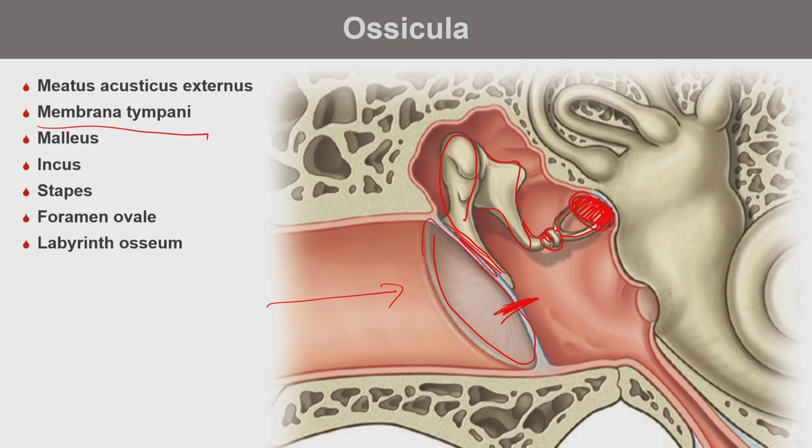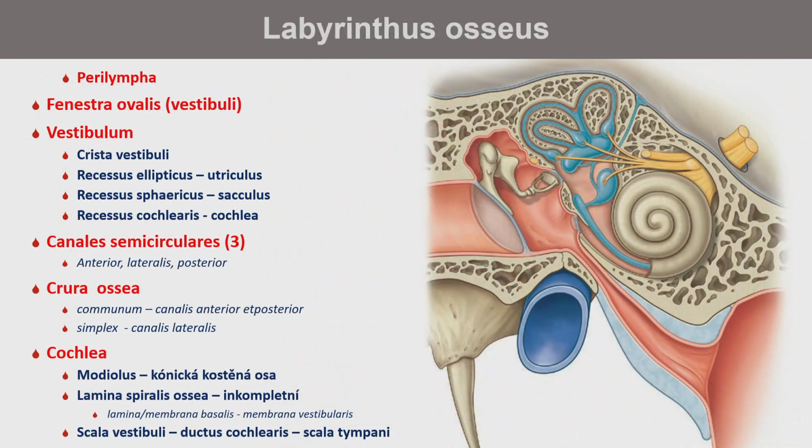Through the foramen ovale, the oval window, the vibration is then transmitted into the fluid environment. The fluid environment in the inner ear, which is outside, is called perilymph.